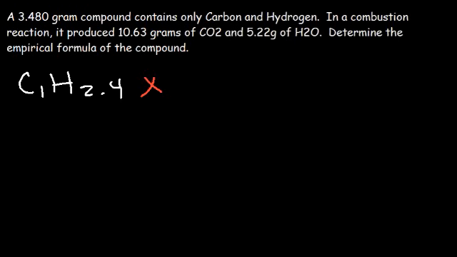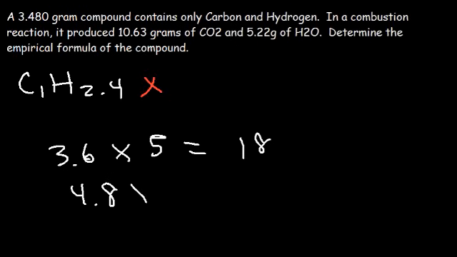Now I'm going to add, if you see any multiples of 0.2, multiply by 5. So multiples of 0.2 are 0.4, 0.6, 0.8, and so forth. So if you see 3.6, multiply by 5, because that's going to give you a whole number. 3.6 times 5 is 18. If you see 4.8, 0.8 is a multiple of 0.2, multiply by 5.